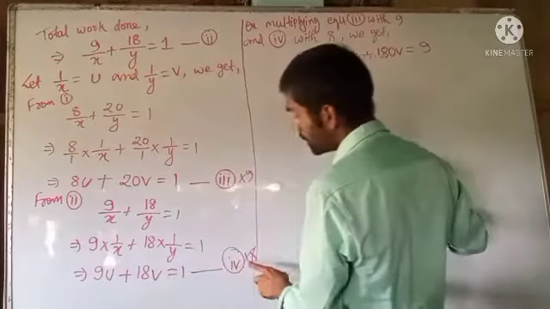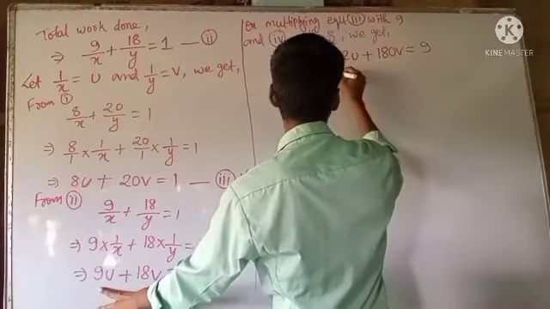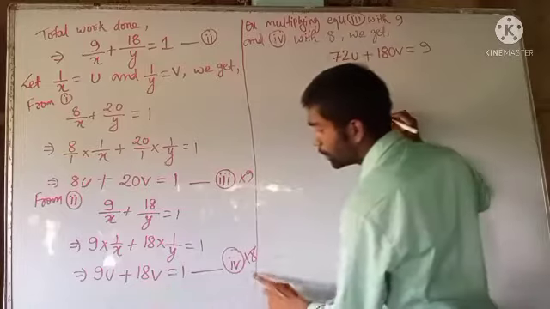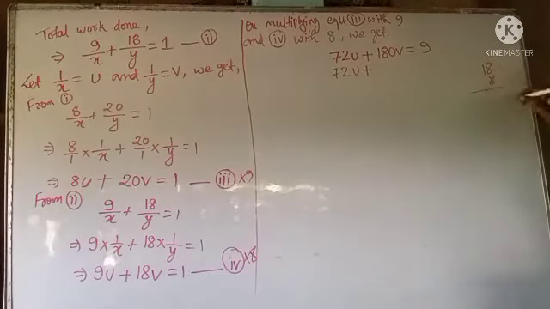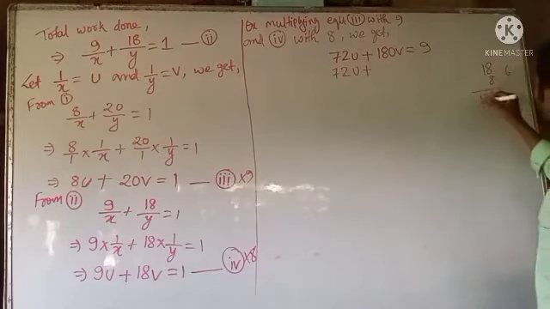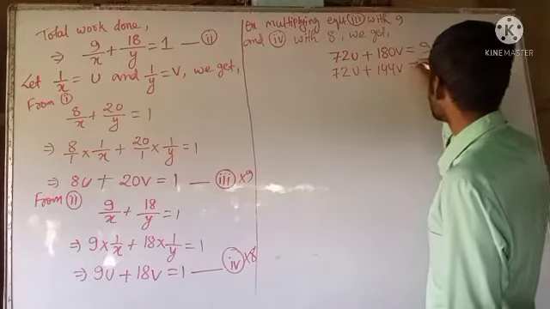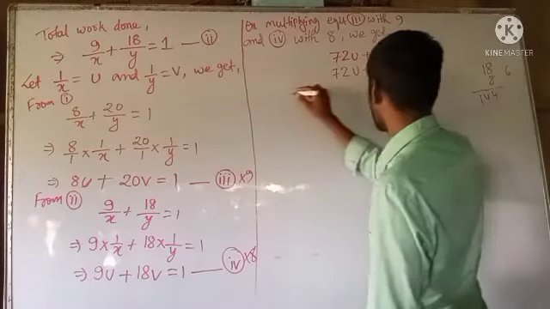Now again equation 4 also we will do the same thing. 8 into 9 we will get here 72u plus 18 into 8. So let us multiply here 18 into 8, 144v is equal to 8 into 1, we will get the same thing, that is 8.